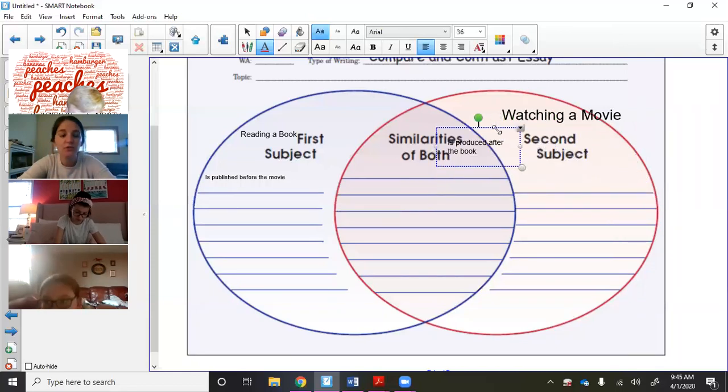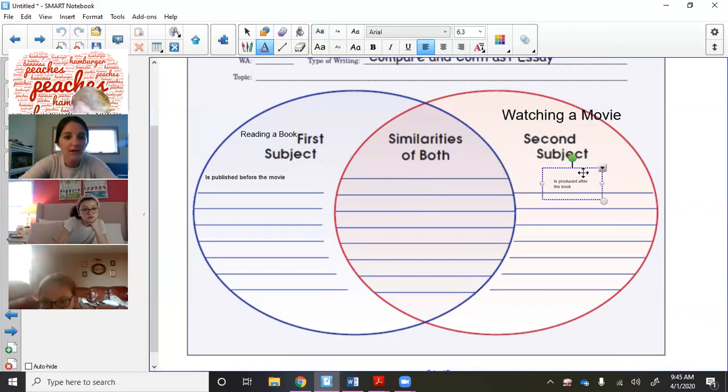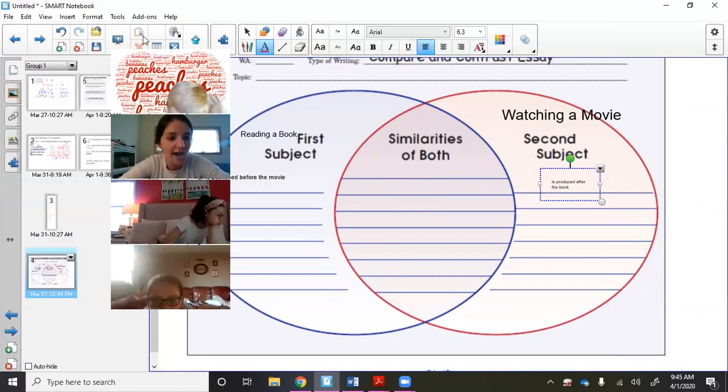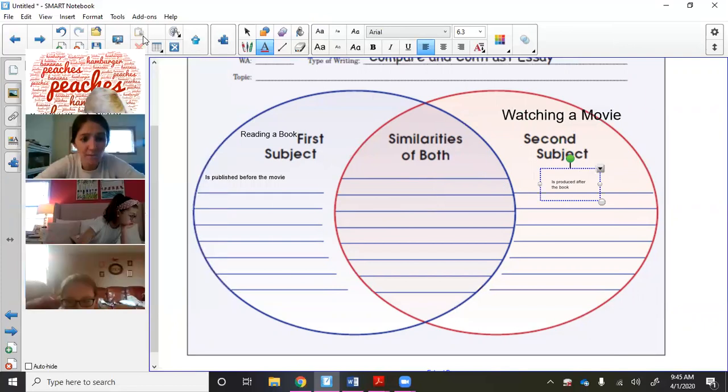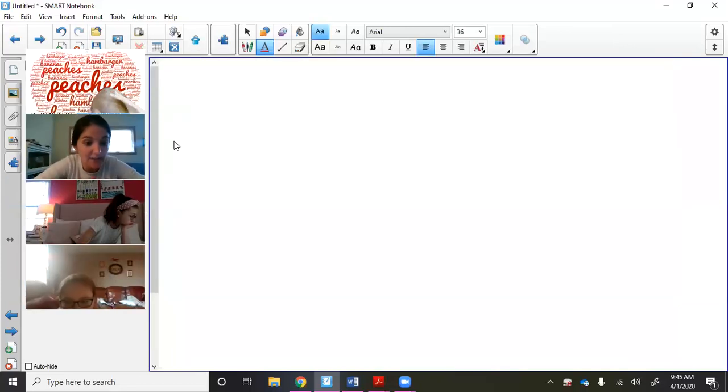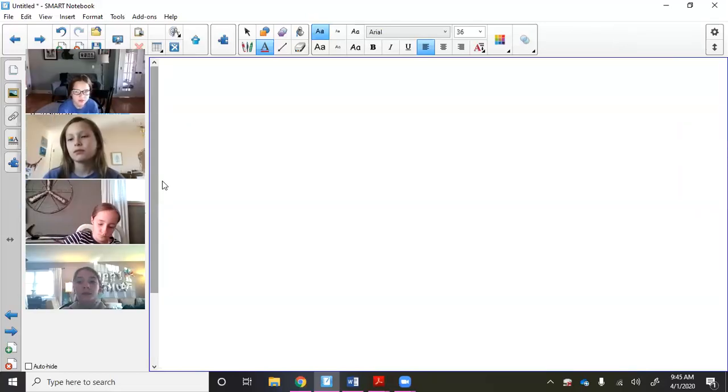So as you would go through, you would have, oh my goodness, my laptop is acting funny today. So you'd have all the different things, and you can see the example in your book too, of all the different examples that they have. So what we're going to do is create an outline. And remember, this does not have to be very specific. I know that in other outlines I've said you have to have an A, you have to have a B and all that.